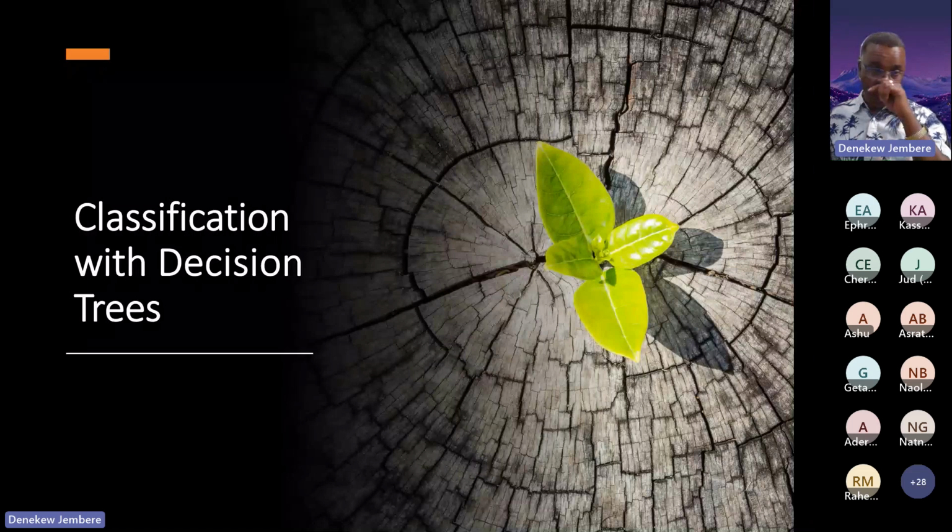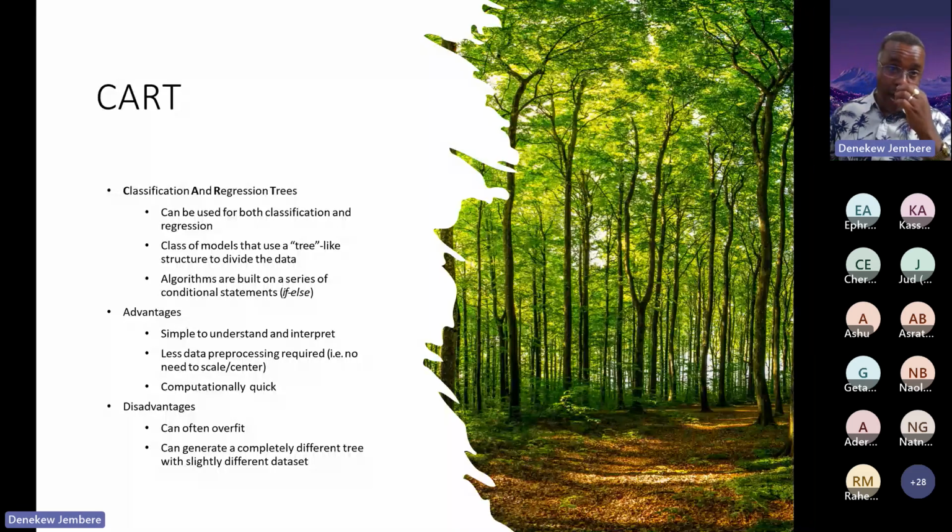So this is what it is. CART is an acronym which means classification and regression trees. It can be used for both classification and regression, and they are classes of models that use a tree-like structure to divide the data.